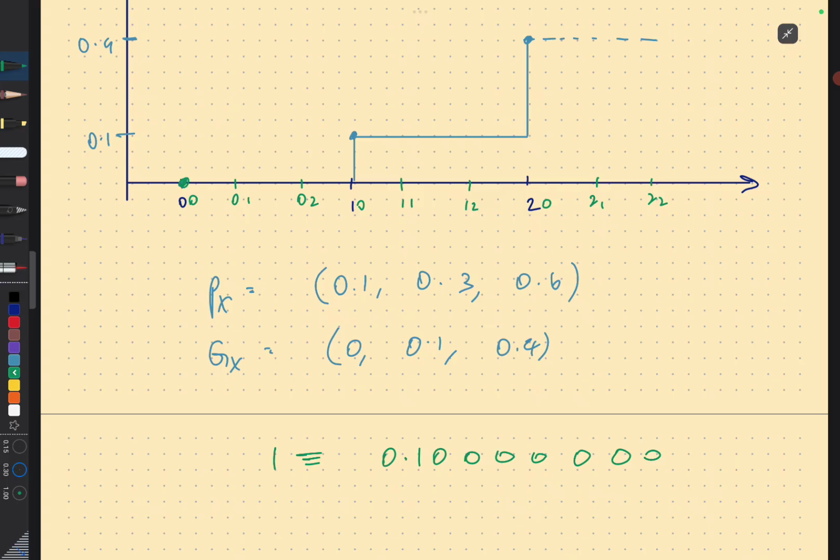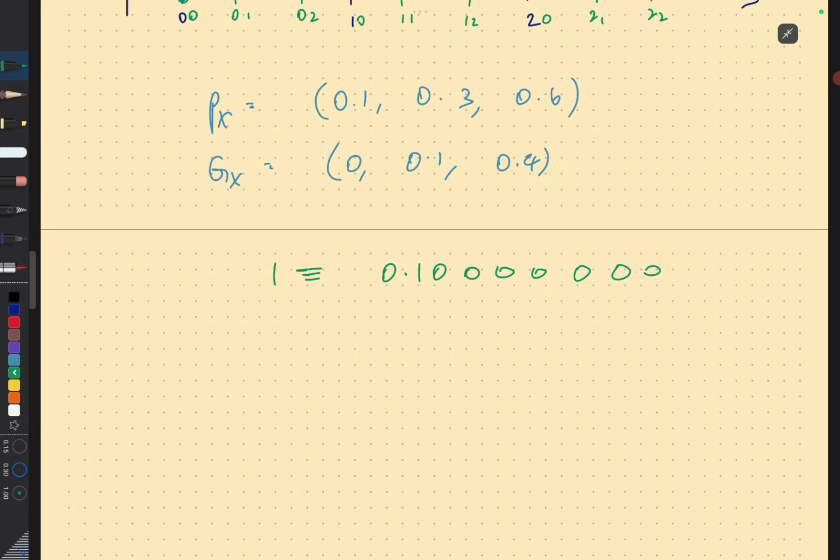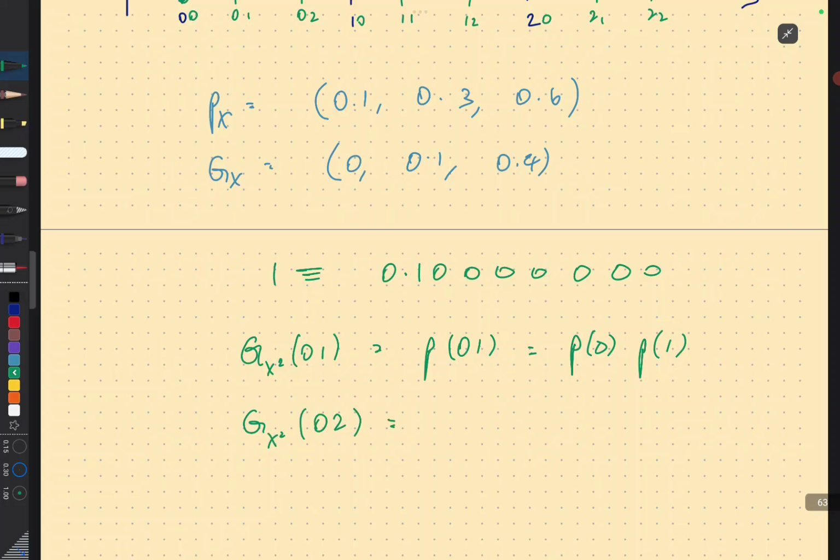What about 0 1? Correct. So G of 0 1 is just P of 0 0, which is P of 0 times P of 0. We're assuming that the sequence is IID. And what about G of 0 2?